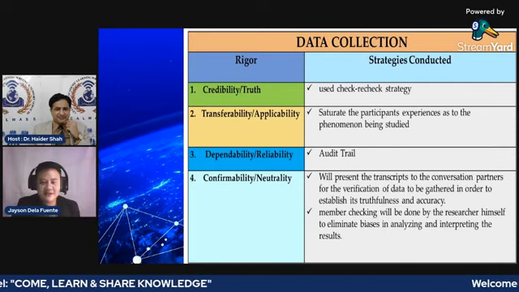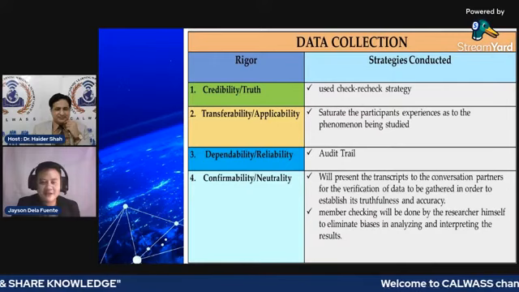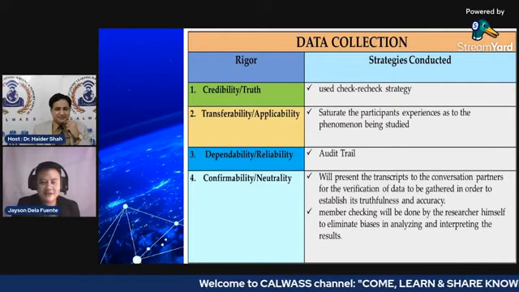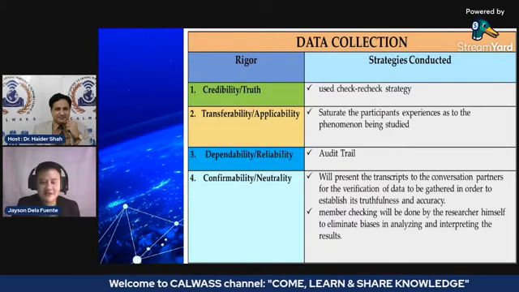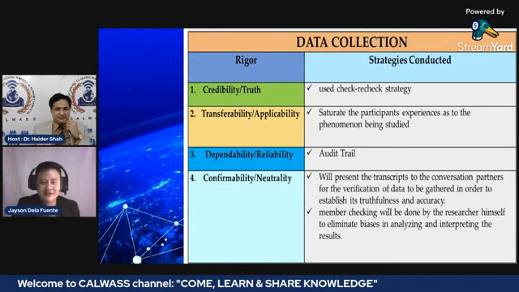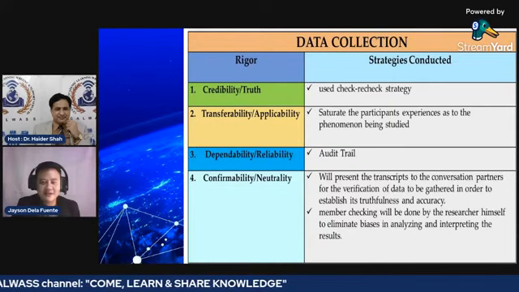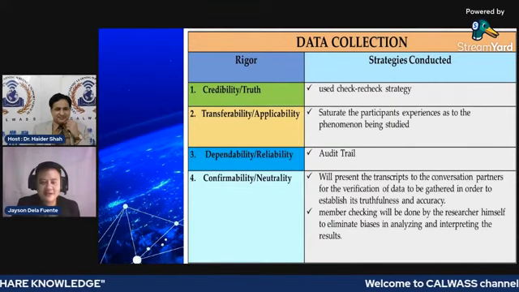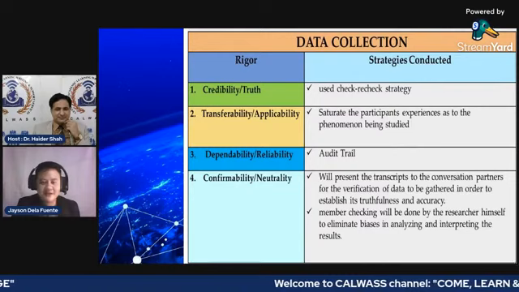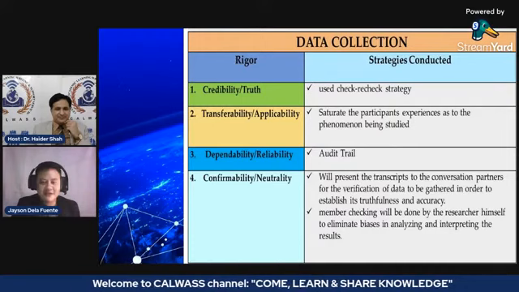Then, in terms of reliability in qualitative research, we have a lot of techniques to say that our results are reliable, such as, for example, what I already did in my previous qualitative research paper.